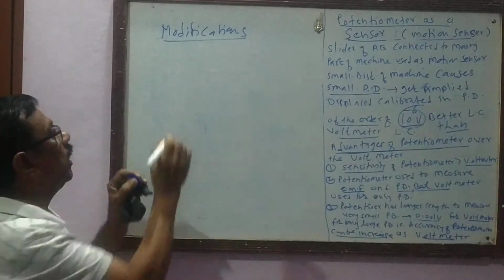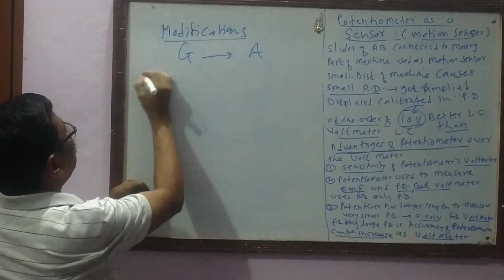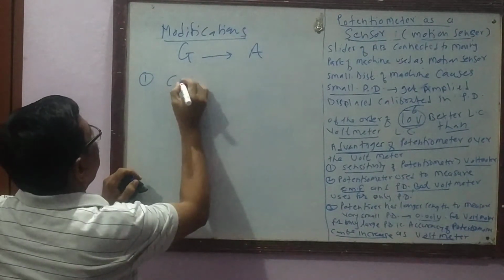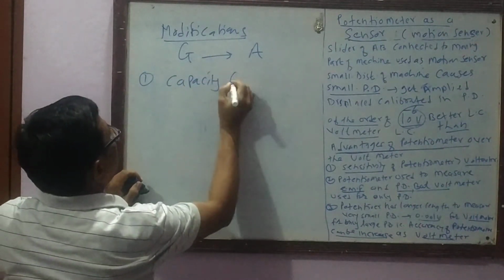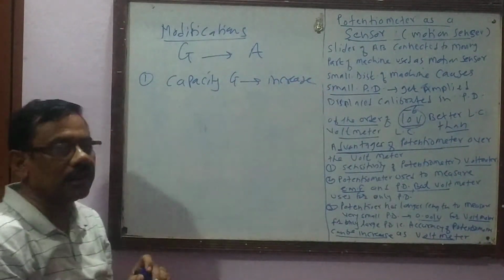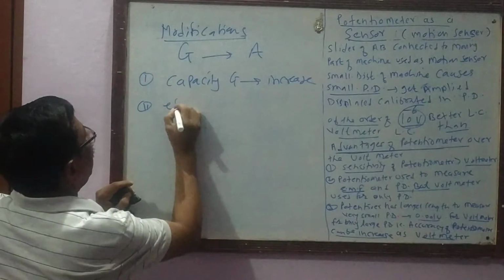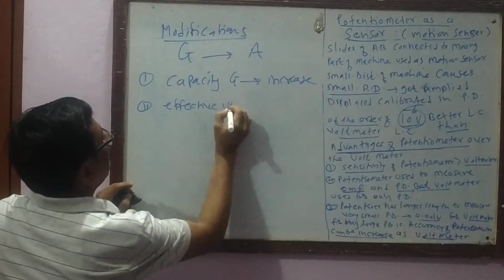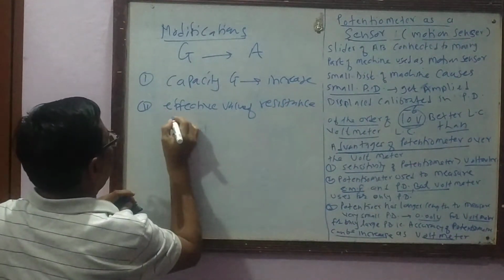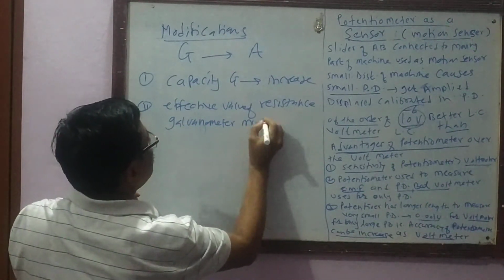What are the modifications when the galvanometer is converted into an ammeter? Now the first modification is that the current capacity of the galvanometer must be increased. Second, the effective value of resistance of the galvanometer must decrease.